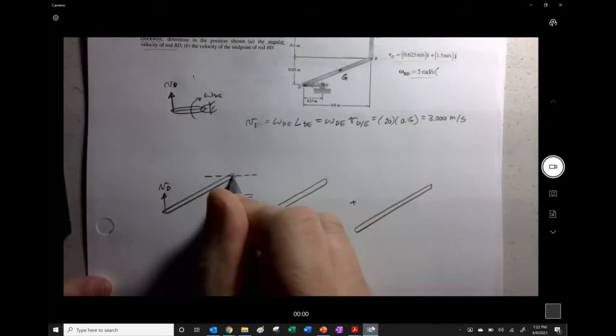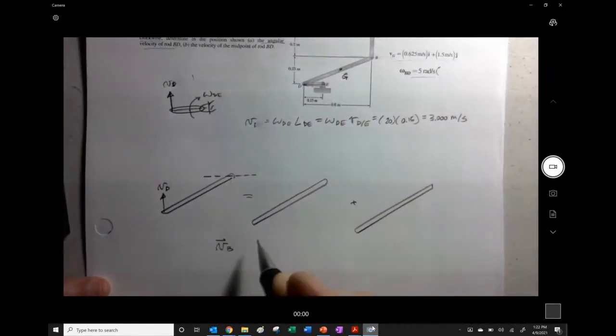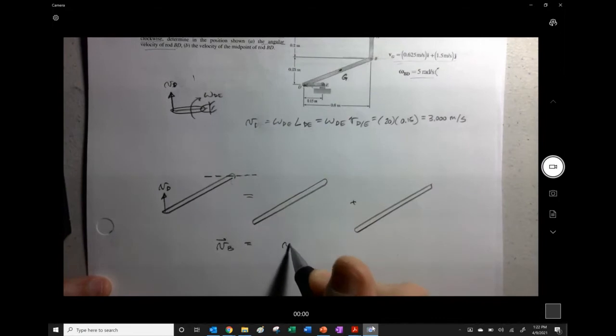So in order to find the velocity of B, I write out my equation for the velocity of B, and I make it correspond with my 3 diagrams.